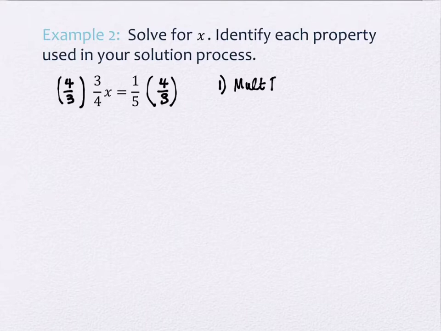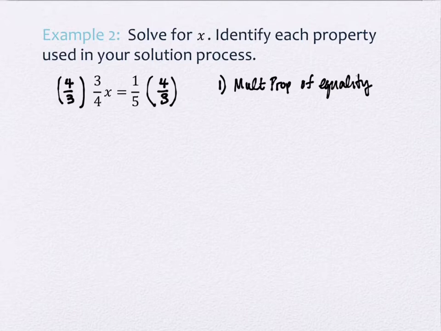This is the multiplication property of equality. The fact that I'm allowed to multiply both sides by the same thing and it doesn't change its equality is a property of equality.